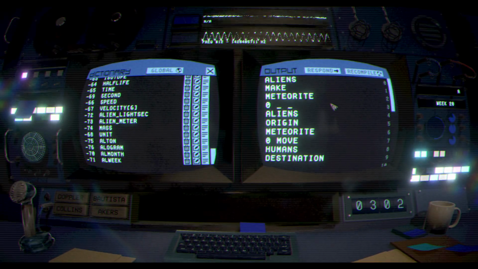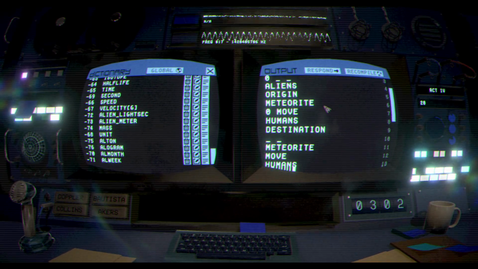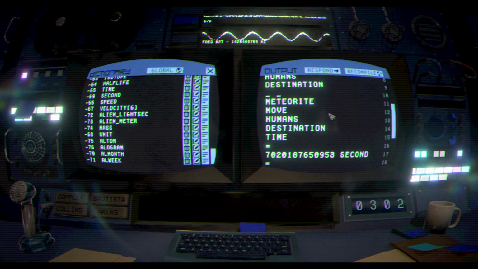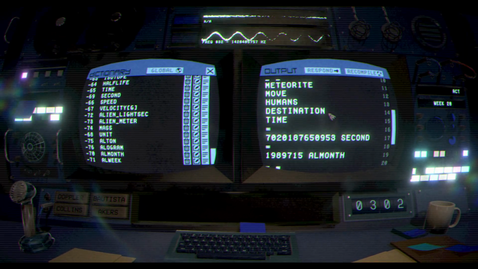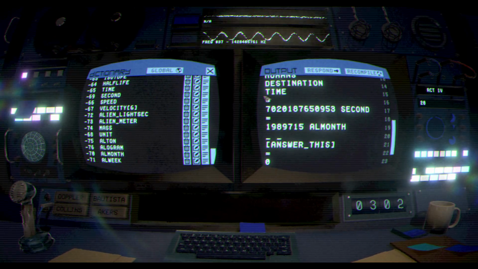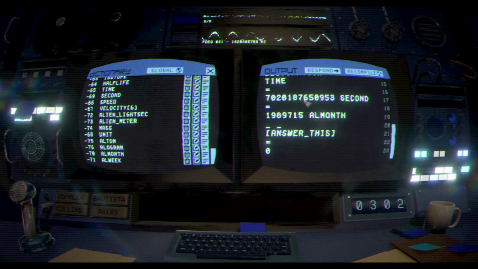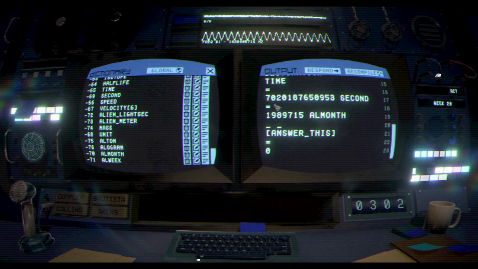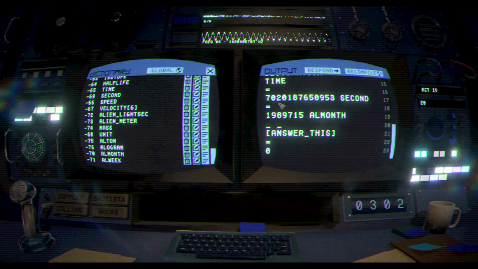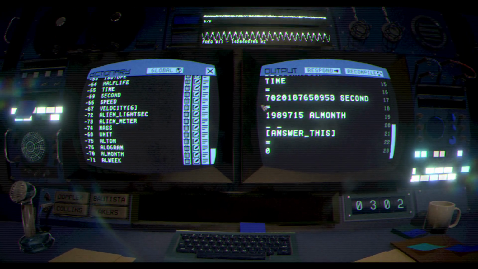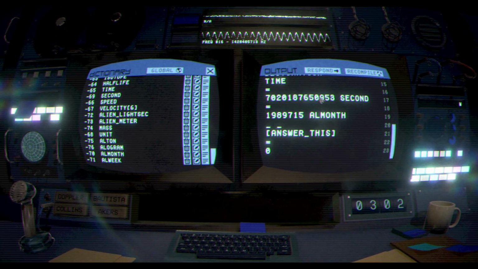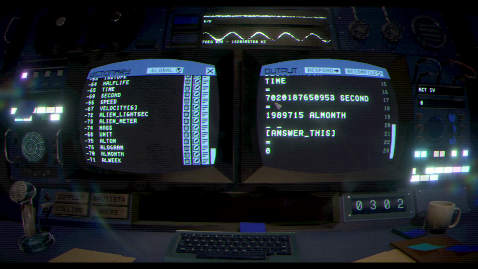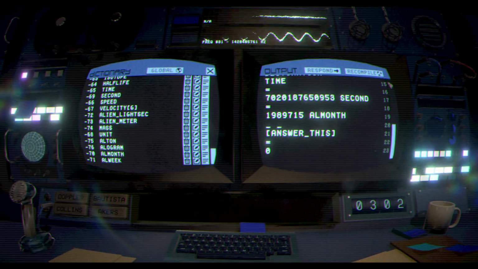Aliens make Meteorite Zero. Aliens originate Meteorite Zero and move to humans' destination. Meteorite move humans' destination time equal many seconds. Equals, $70, I'm not even gonna try. Okay, I'm gonna try. 1,000 million billion 7 trillion seconds.